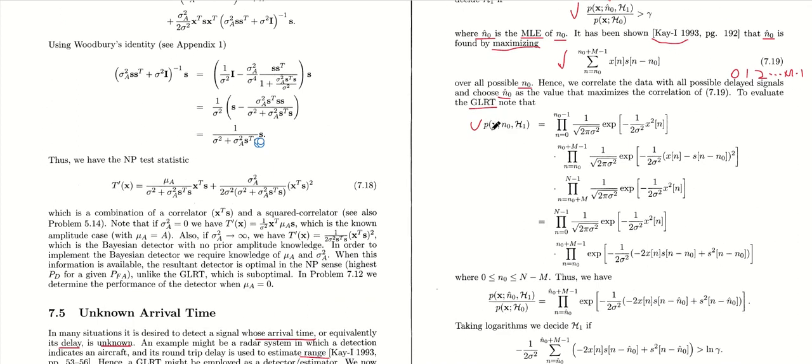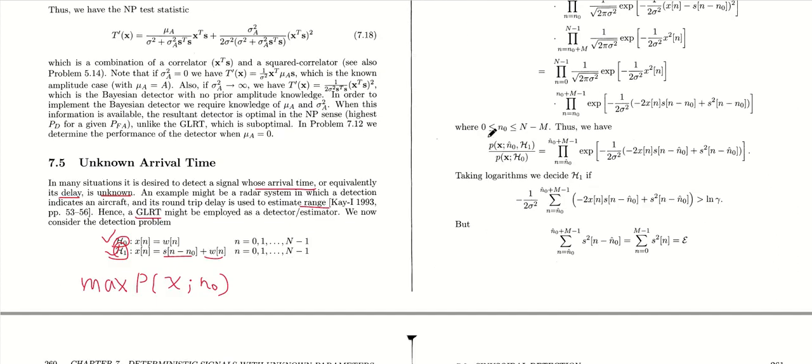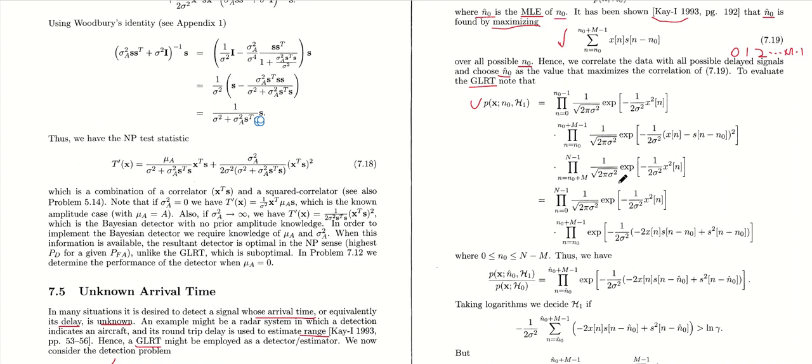And then p of x given N0 and H1. This is a Gaussian distribution, right? Because the noise is Gaussian.